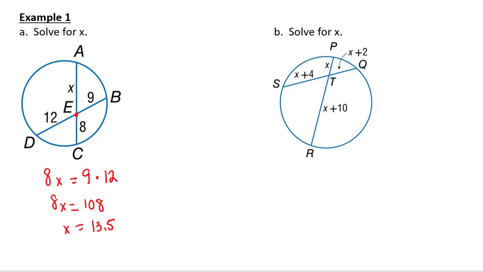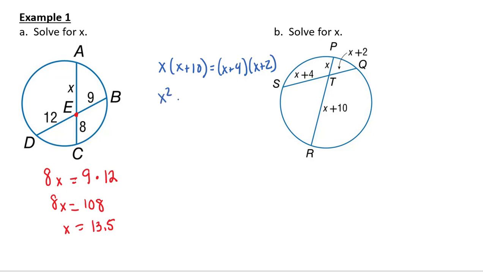The next example, and I'm going to do it up here to the left of the example because I might run out of room. X times x plus 10 is equal to one piece, x plus 4, times the other piece, x plus 2.